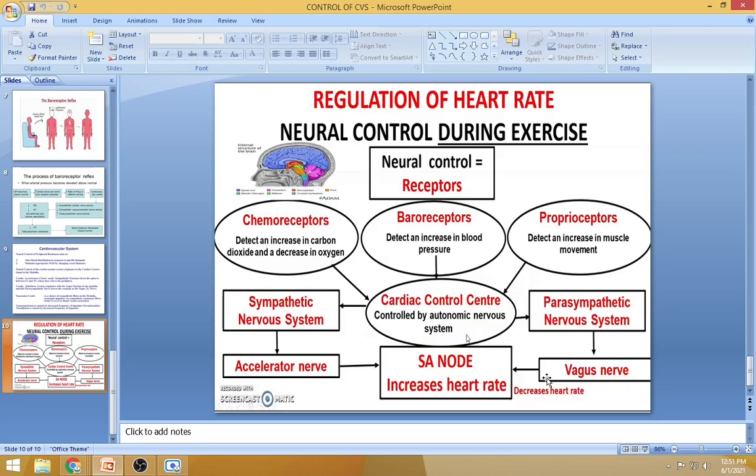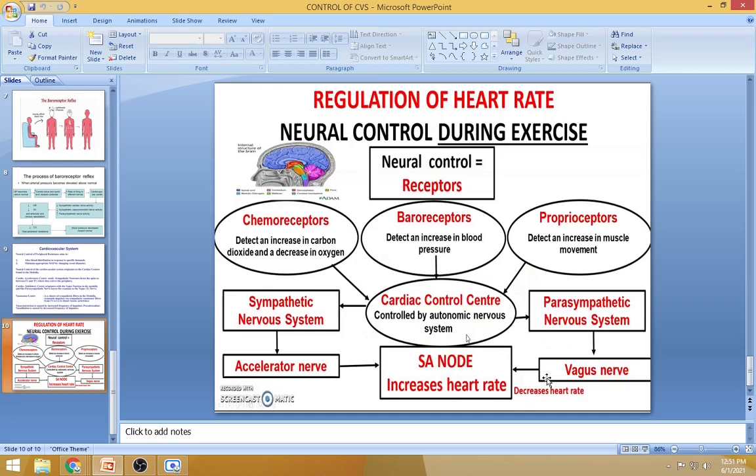Then you have these atrial receptors which are present in the atrium. They would respond when there's a change in the volume of the right atrium, and you can change the volume of the right atrium by infusion, right? For example, in the hospital where people are being given infusion, maybe blood transfusion or saline infusion, that would cause an increase in atrial volume, and the low pressure baroreceptors present in the atrium would respond to that change in volume.